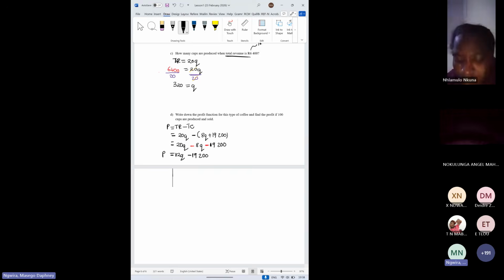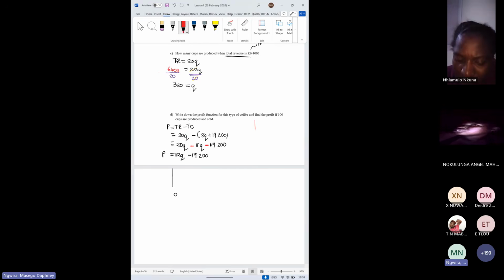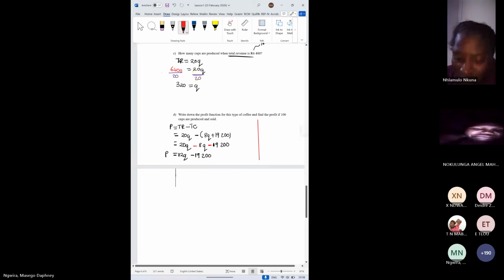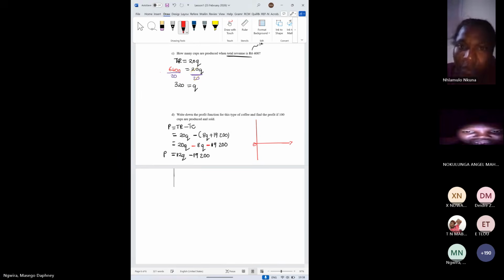Again, I said to you when you draw, this is your function. If I have a plus or minus constant, it means that my graph must touch at negative 19,200. I'm going to use these values to explain the graph. This is 0. Whatever is the side stays here.